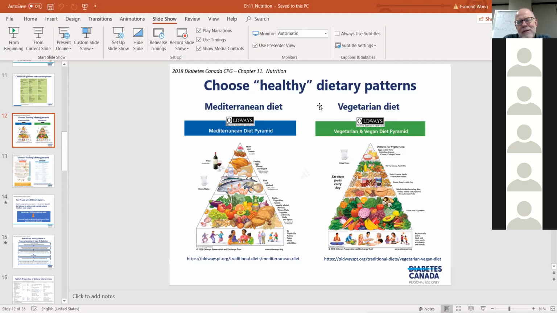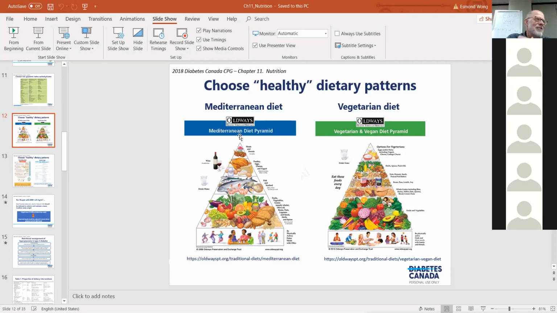Healthy dietary patterns, according to the Diabetes Canada guidelines, there's a few that are recognized. So the Mediterranean diet is one. The Nordic diet, are you familiar with that one? Nordic is similar to the Mediterranean, except that it substitutes some of the foods that are common in northerly latitudes.